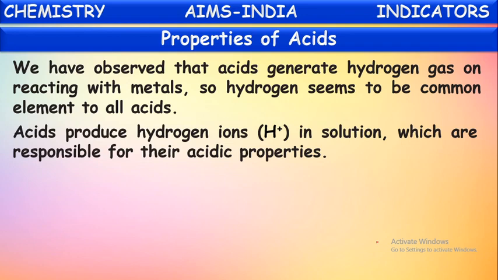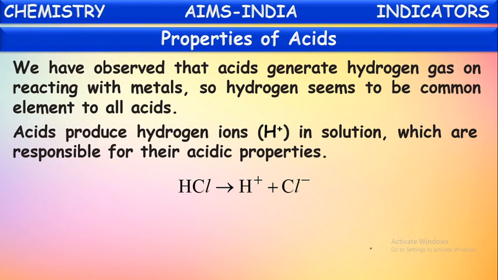When you dissolve it into water, hydrochloric acid releases H plus ions, which are responsible for its acidic nature. So hydrogen ions are responsible for the acidic nature of acids.